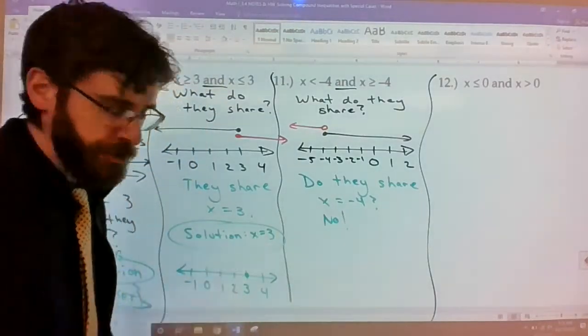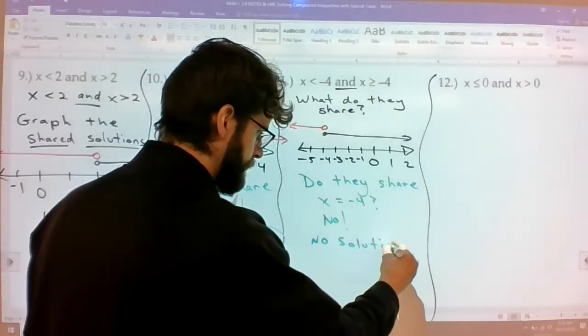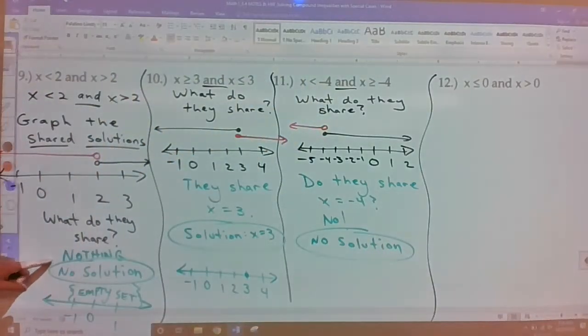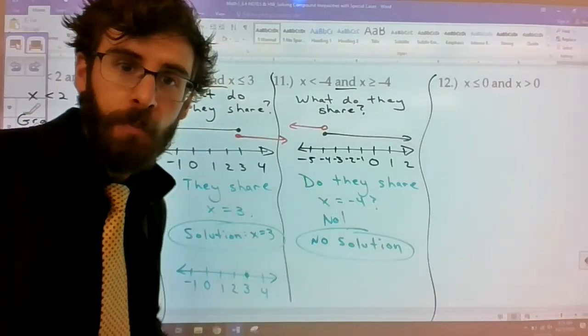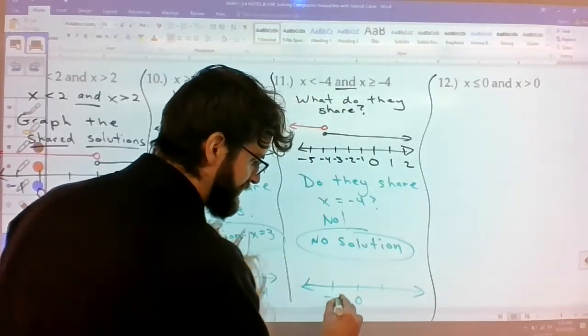So that one's no solution. Wow. So we have one no solution over here, one solution over there. Again, it's the empty set. We'll be thorough and graph the empty set.